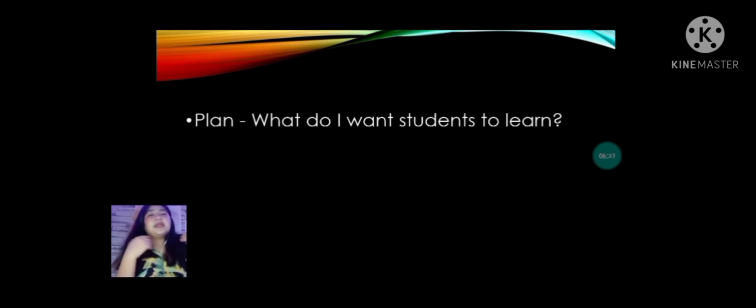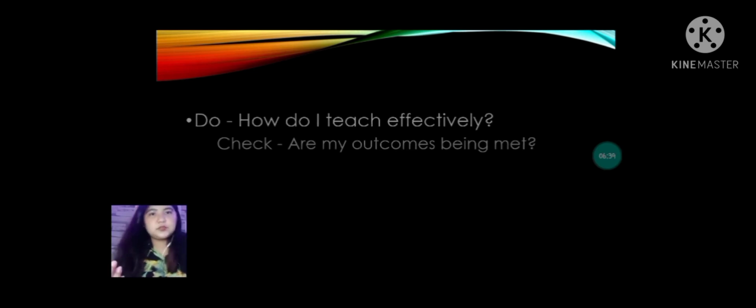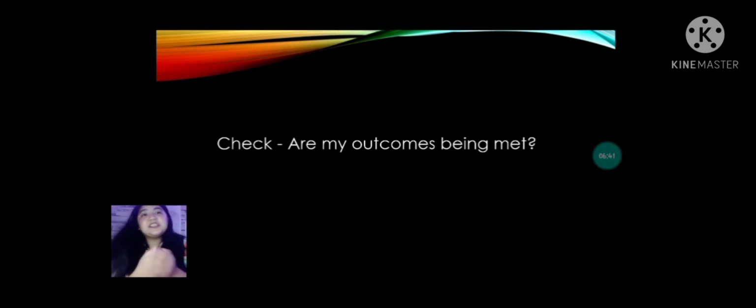So, next naman is do. So, do is how do I teach effectively? So, this stage includes the second and third fundamental components, developing or selecting assessment measure and creating experience leading to outcomes. So, the third naman is check. Are my outcomes being met?